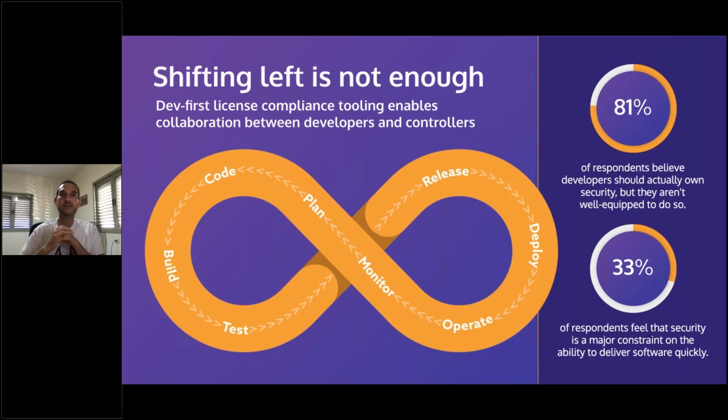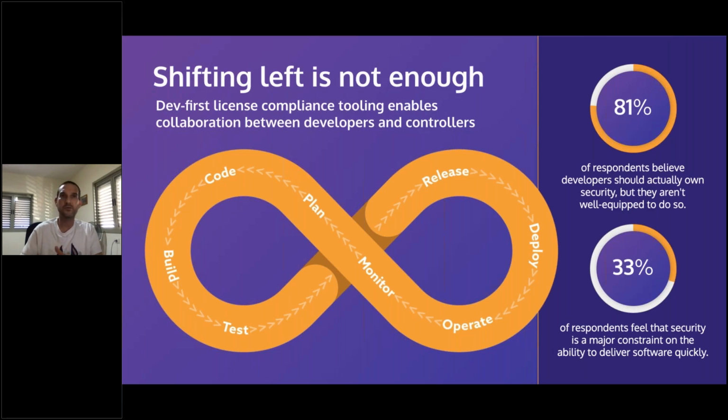And the reason for this is because developers are ultimately the ones deciding what open source to include in their projects, in their applications. And because of that, the only way to achieve license compliance, to scale it as the business grows, as the application grows, is to empower developers to fully embrace license compliance.